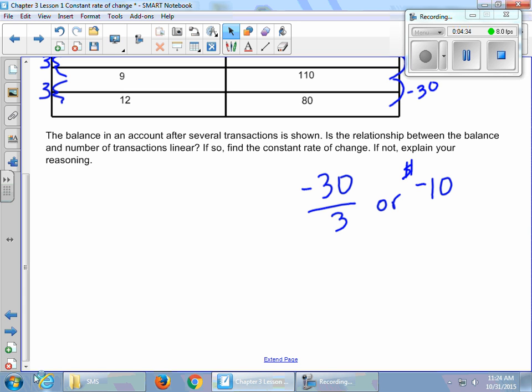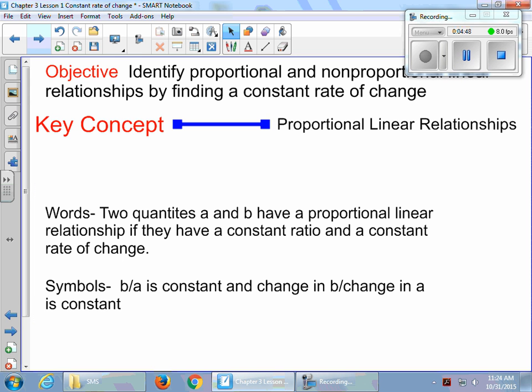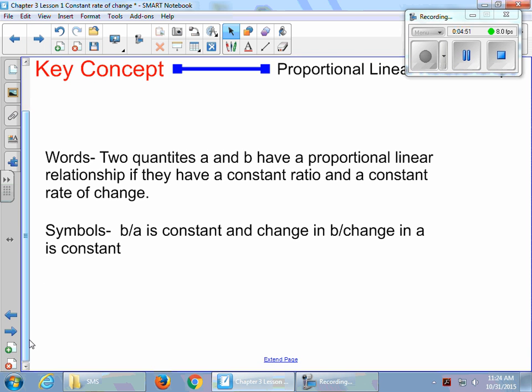Okay, once again, any questions that you may have, please write them down on your video sheets, bring them into class, or review the video again. Okay, let's go on to our next slide. It's a key concept. Our key concept tells us about proportional linear relationships.